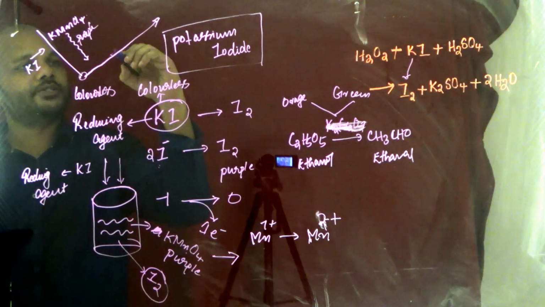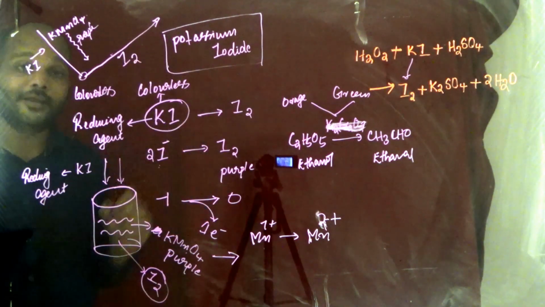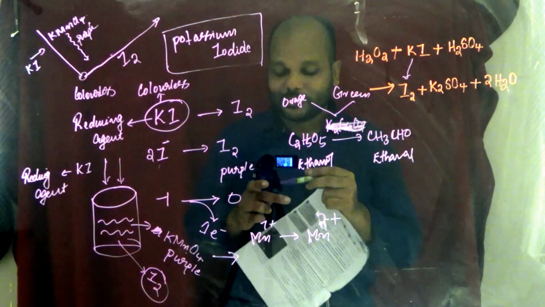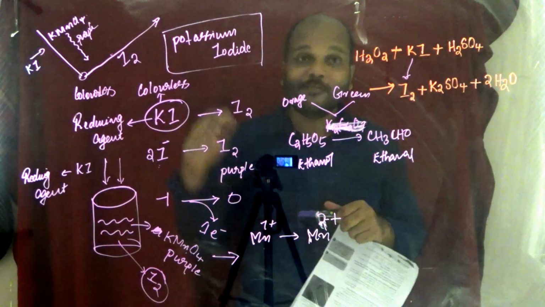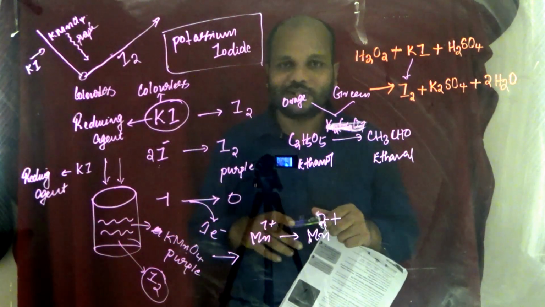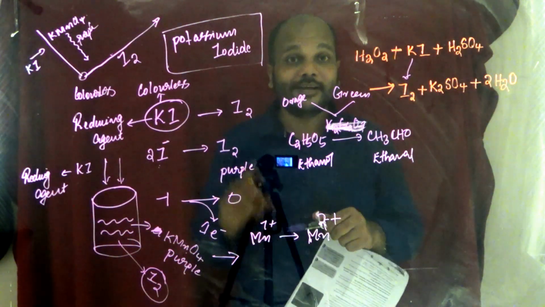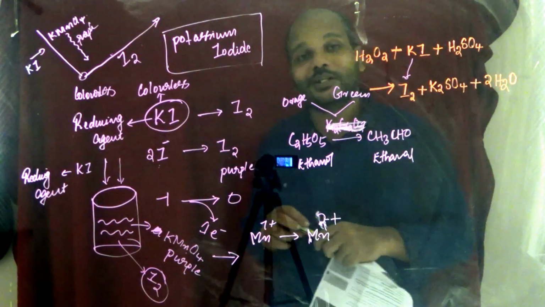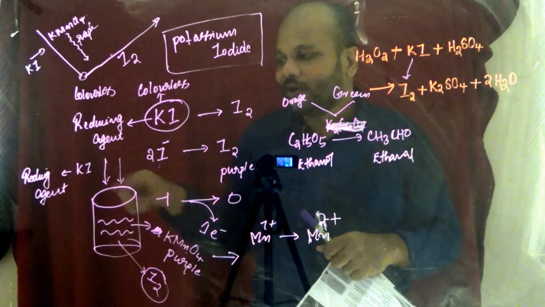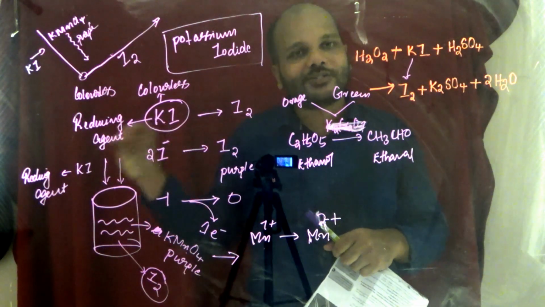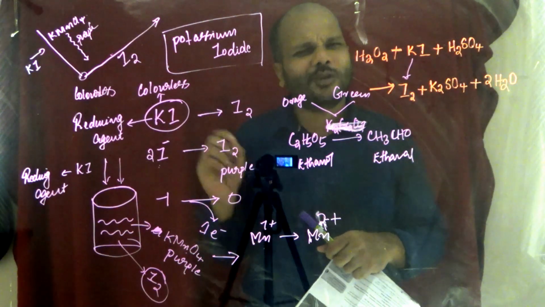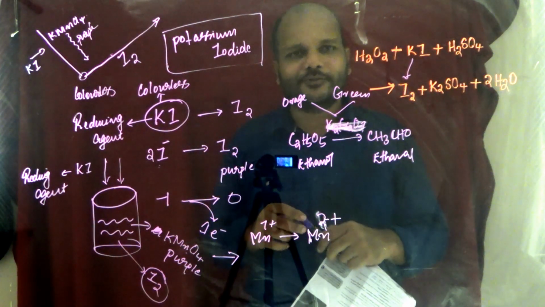Here the purple color is increasing due to the presence of iodine, not KMnO4. Remember that. Just like KMnO4 and potassium dichromate, potassium iodide is a very good indicator for an oxidizing environment. If you add potassium iodide to an oxidizing environment, after some time its color changes into purple.